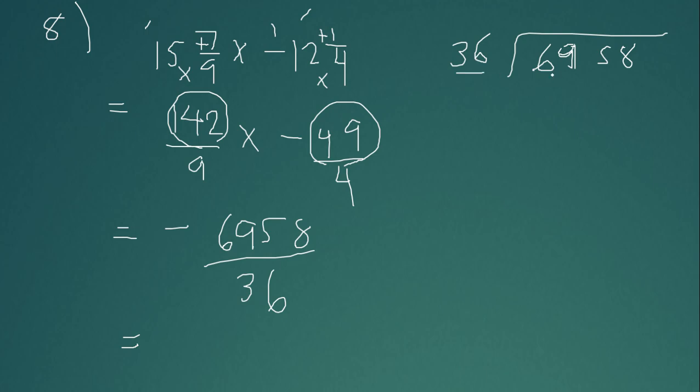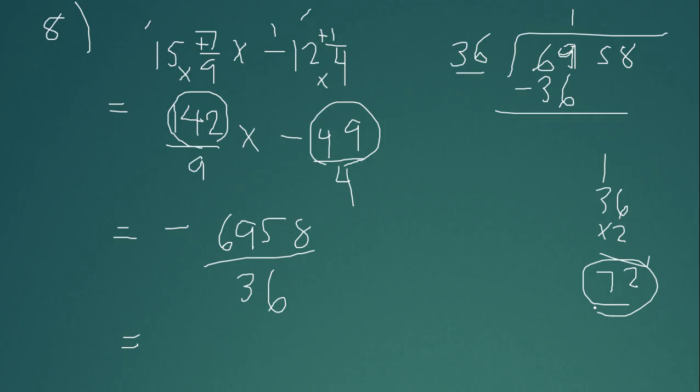So, how many 36 is 69? We have 1. So, that's 36. Minus. Kasi ang 36 times 2 is 72, lagpas kasi siya. Kaya 1 lang siya. So, this is 33. Bring down 5. So, we have 335.